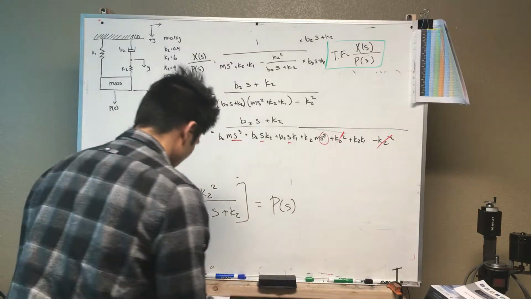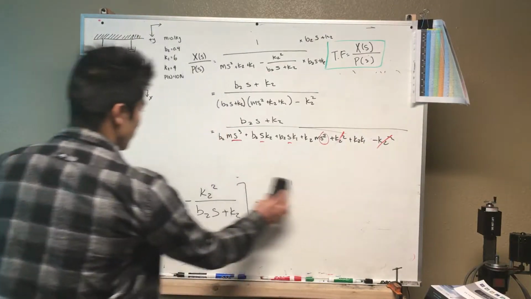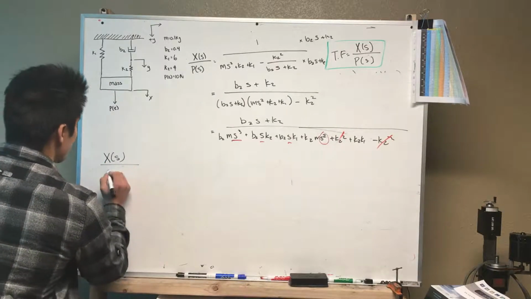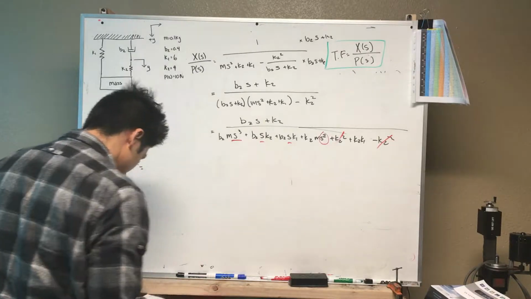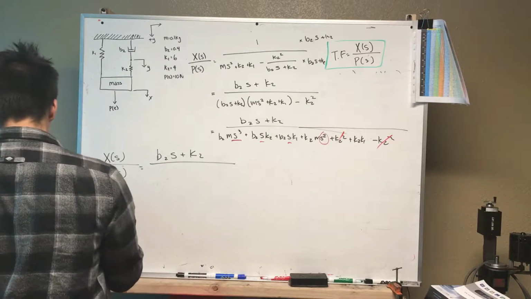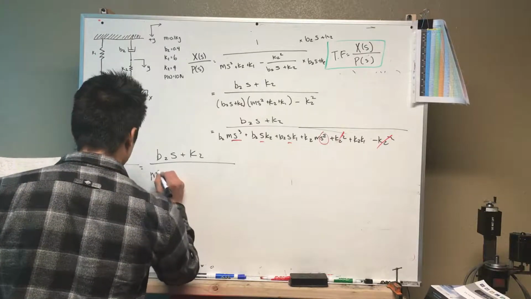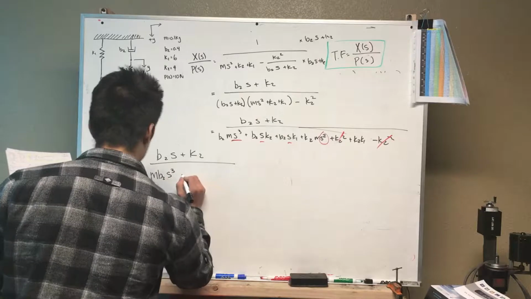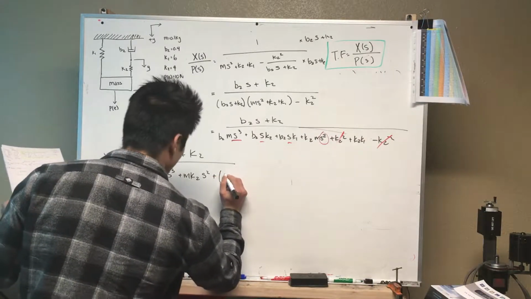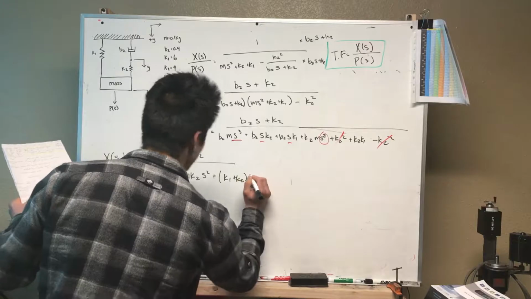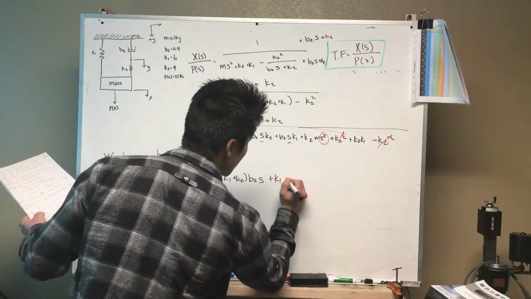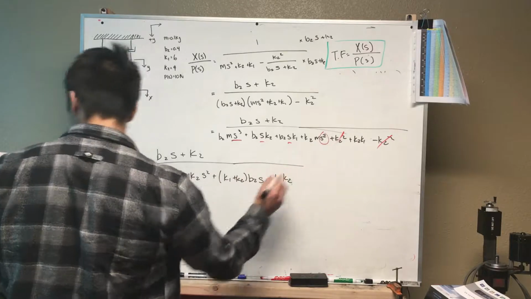Once we simplify, we will have our transfer function, which I will rewrite: X of s over P of s equals b2s plus k2 over mb2s cubed plus mk2s squared plus (k1 plus k2)b2s plus k1k2, so just right there.